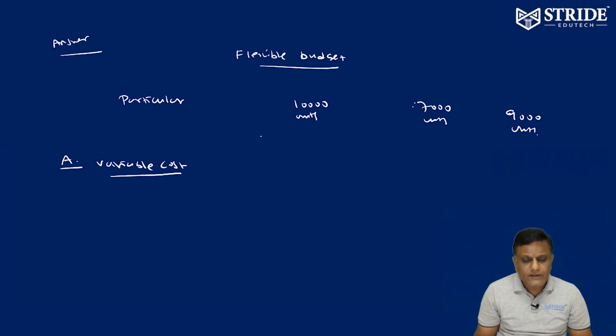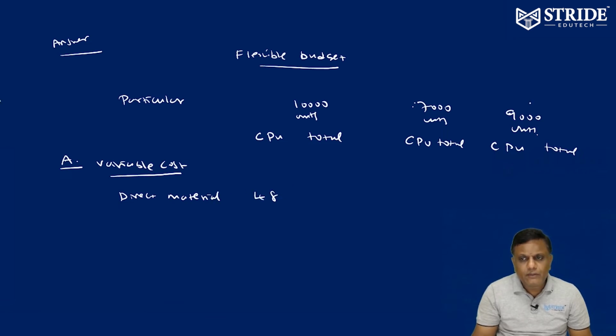Right, for this 10,000 units we can divide into cost per unit and total. Here also cost per unit and total. So variable cost number 1, direct material. Direct material is purely variable, 48 per unit, everything in terms of rupees.